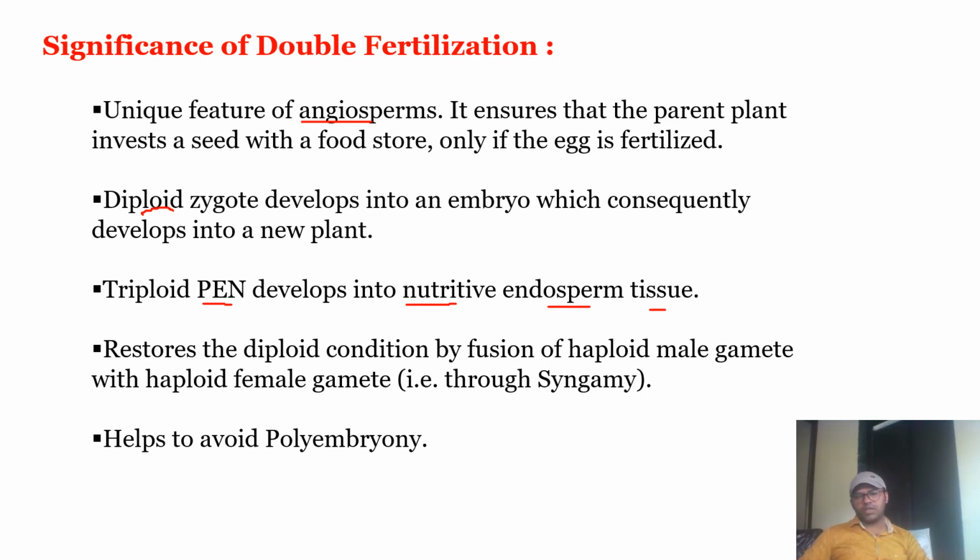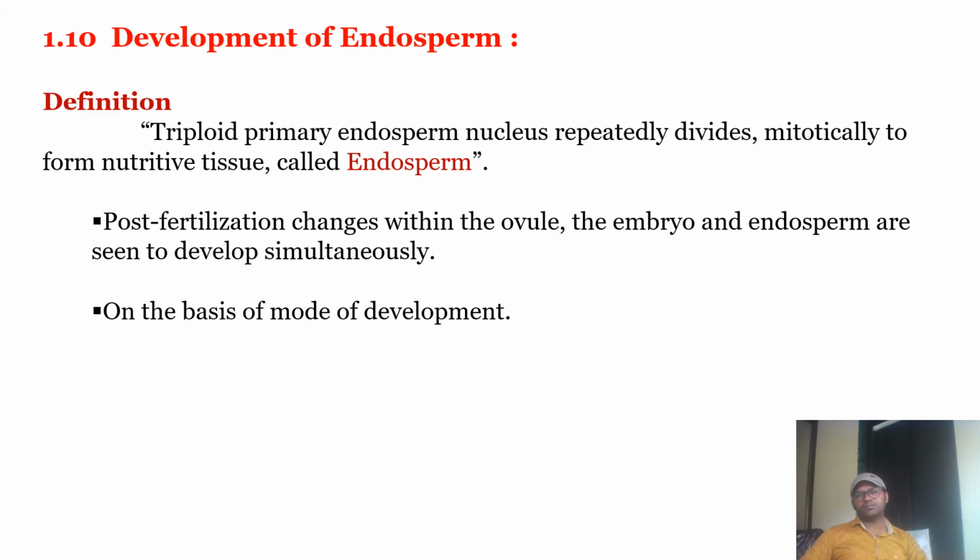This is the next significance. Now, due to the diploid condition, it maintains the diploid condition throughout and carries it to the next generation, and hence it also avoids polyembryony. So let us see how the endosperm is developed.